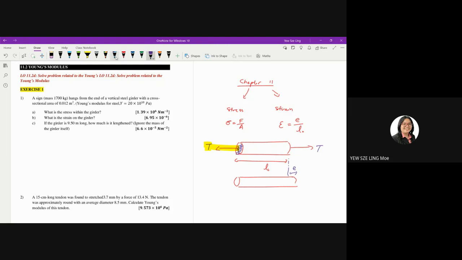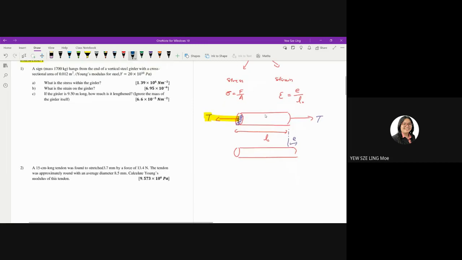And when you combine these two equations, then you will be able to calculate the Young modulus of the object. So you combine these two equations, then you obtain a new equation called Young modulus. Young modulus equals sigma over epsilon. But most of the time we seldom use sigma over epsilon. Most of the time we use the equation that we already derived, where we substitute the equations of stress and strain.